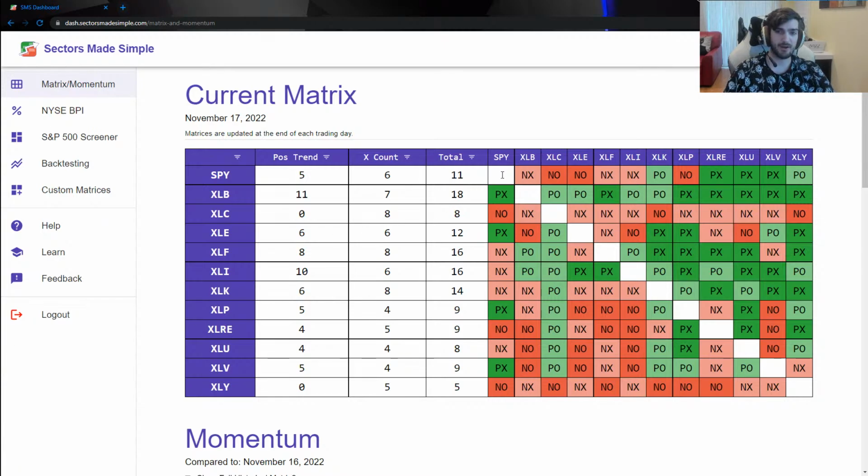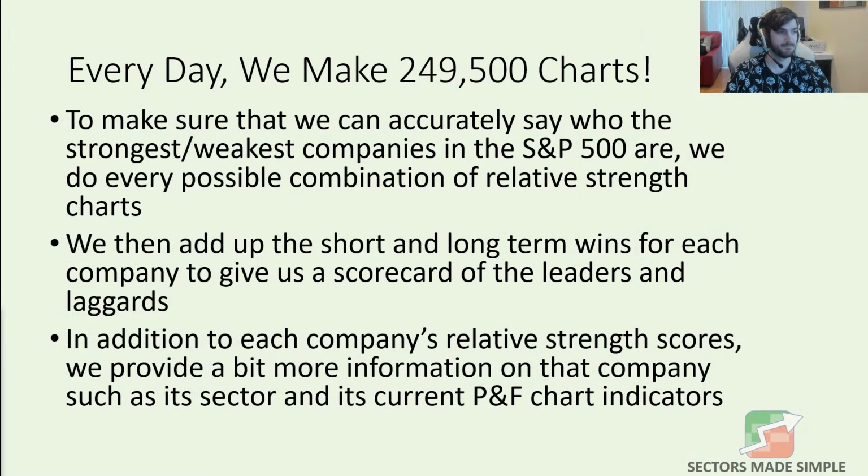Every day we compare all 12 of these ETFs against each other. You get this really cool looking colored plot that gives you all of those short and long-term indicators, and then we add them all up on the left table. So if I ever say matrix, this is why. This was what started the whole S&P 500 project.